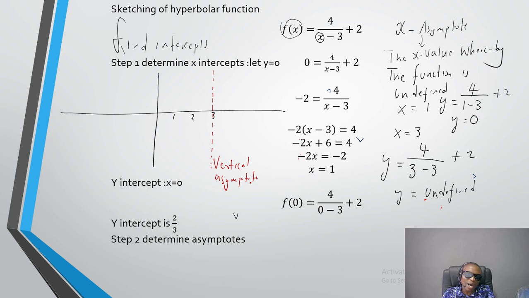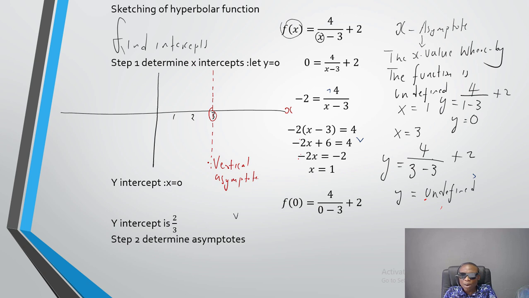So every time on the graph, when you see a dotted line, you know that we are talking about the asymptote. Whenever it's a vertical dotted line, we are talking about the x asymptote, because this dotted line passes the x-axis when x is 3. The vertical asymptote is the x asymptote.